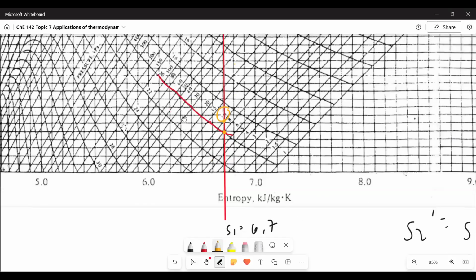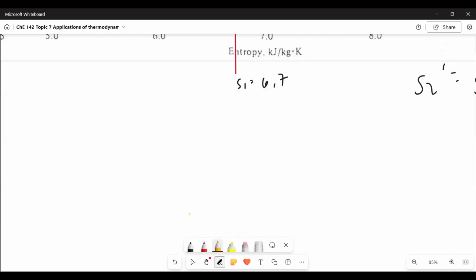So the moisture, 1 minus x2 prime is equal to 0.20. Therefore, x2 prime is 0.8. So this is the isentropic expansion. Why?